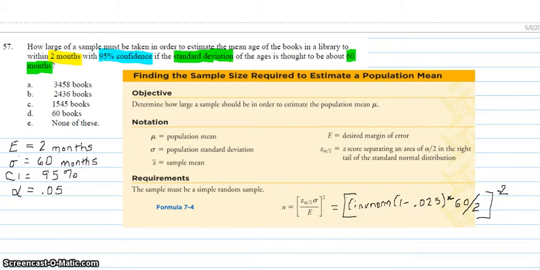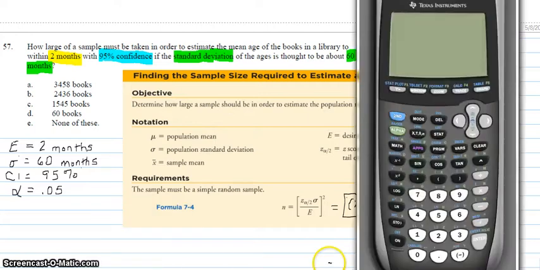So let's look at how to do this on the calculator. I'm going to use the TI-84. So let's bring up the calculator, turn it on. We're going to go to second, vars, arrow down to inverse norm. We said our alpha was 0.05.